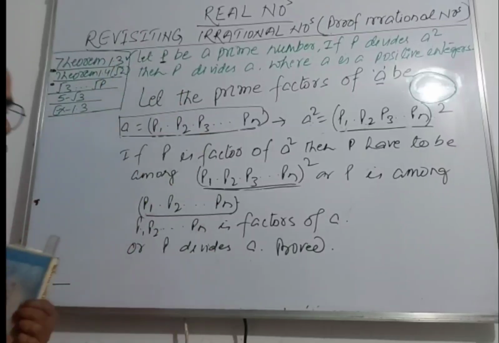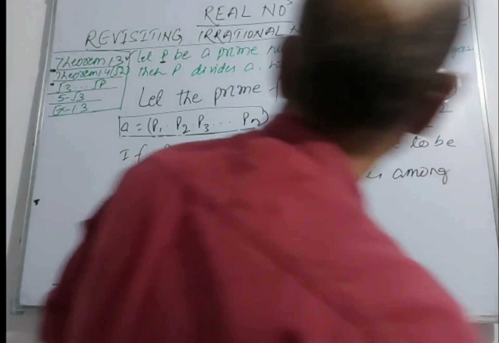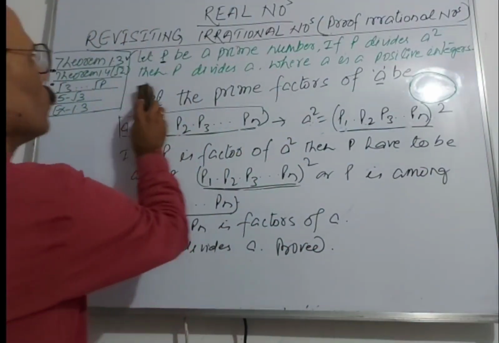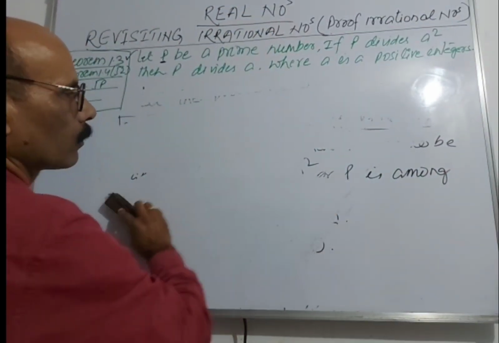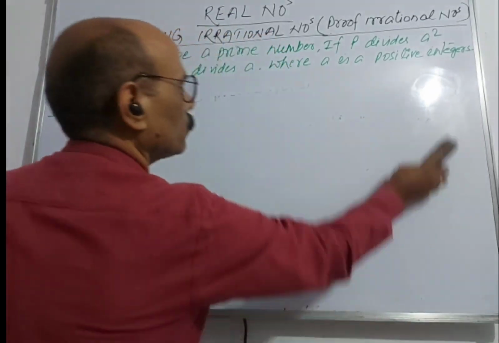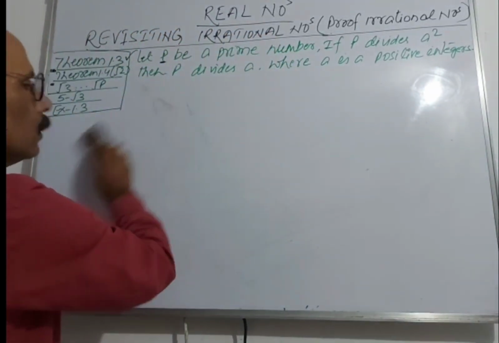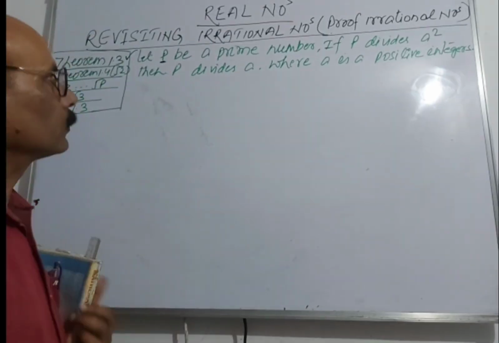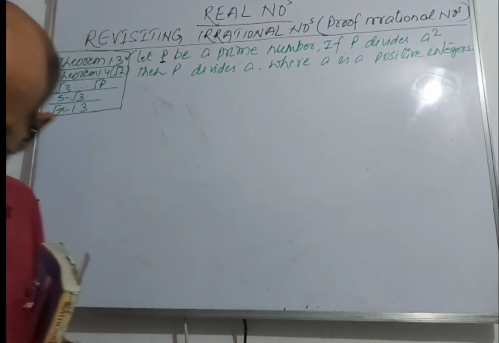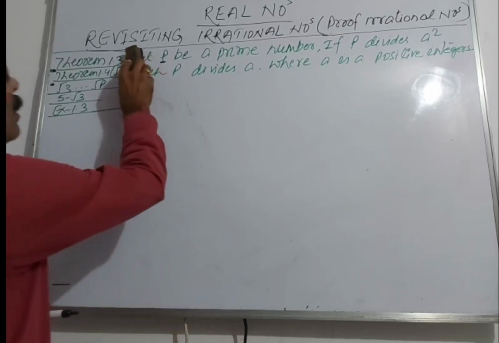That is theorem 1.4. What is theorem 1.4? Root 2 is irrational.